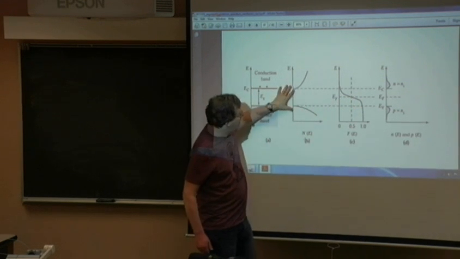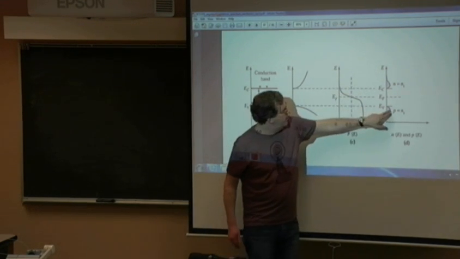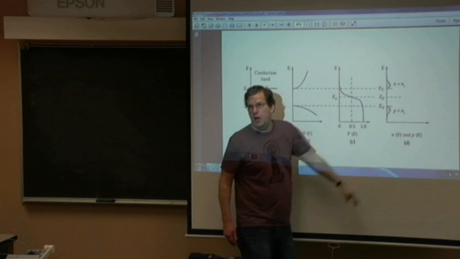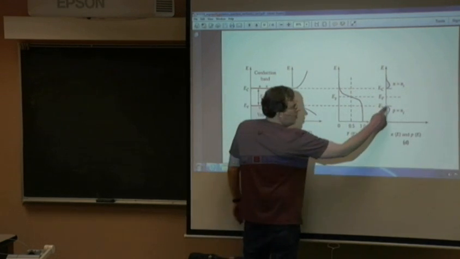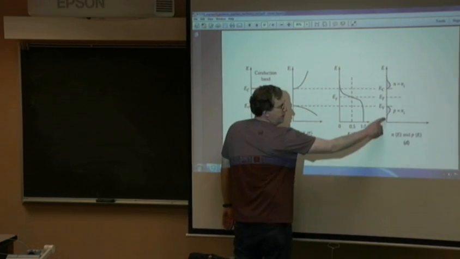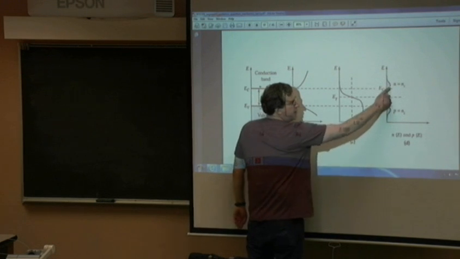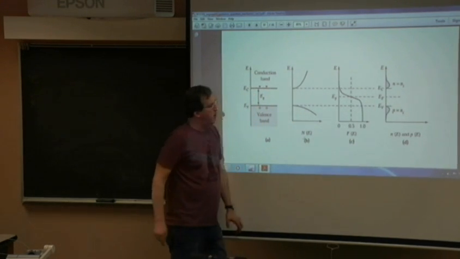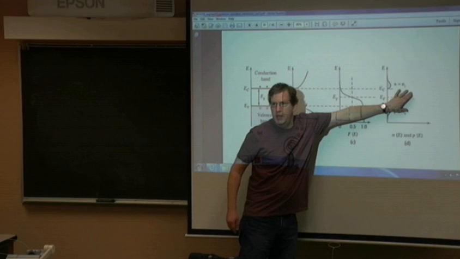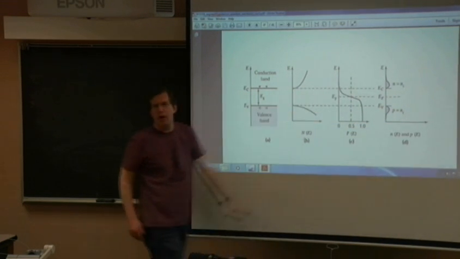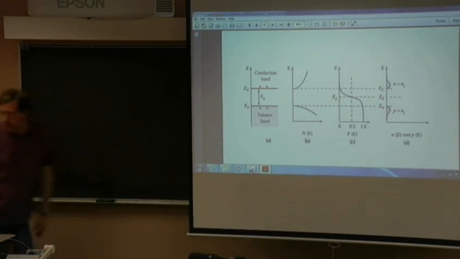And then the product of these becomes where the actual cars are. So I got some parked down here, down into the sub-basement, and I got some parked up towards the roof, and then the office space in the middle where no one's allowed to park. The forbidden band gap.